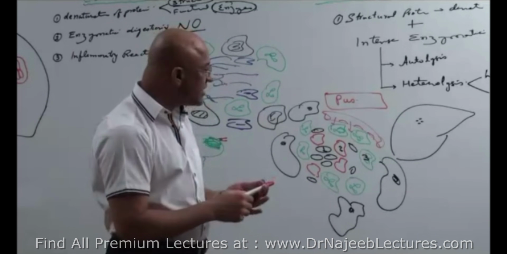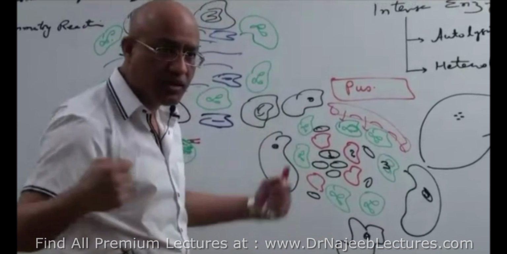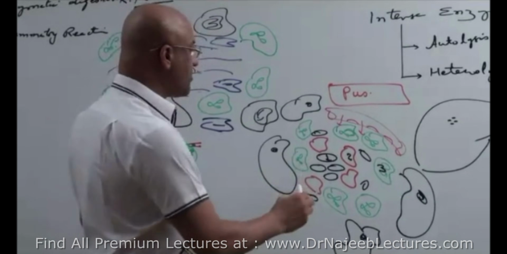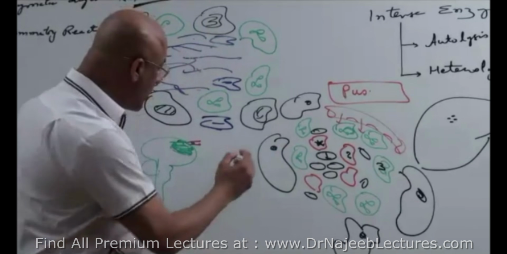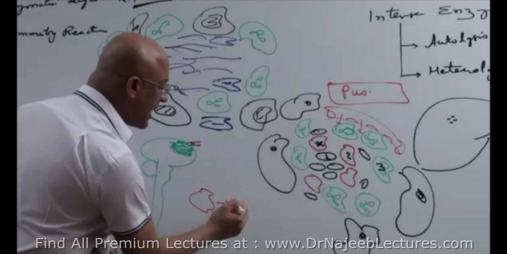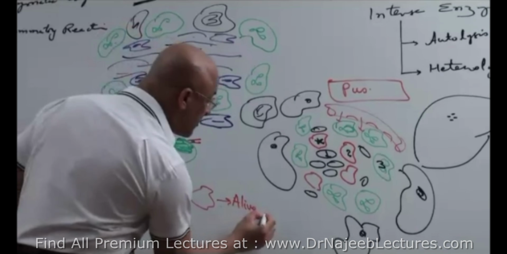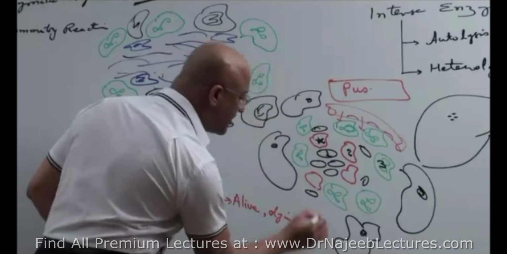Let me tell you. In this area, when such a hot war is going on, a big war, what will be there? Number one, there will be local cells. Now these local cells or parenchymal cells, some of them will be alive in the area of pus, some of them will be dying, and some of them will be already dead.